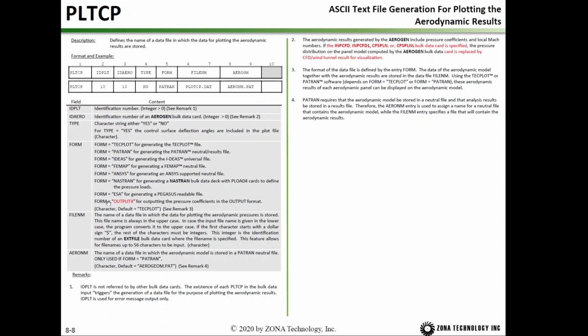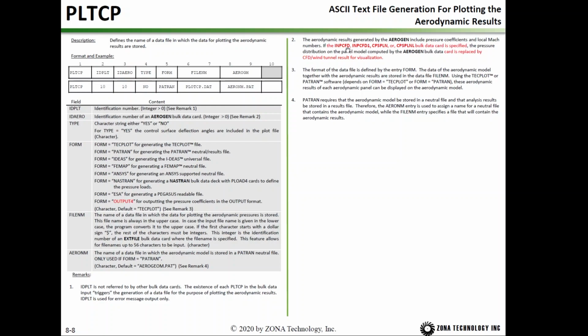This is another option for form. If form equal to OUTPUT4, the PLOT CP card will save the CP in OUTPUT4 format to this file. In this PLOT CP card, you will include the pressure coefficients and the local Mach numbers.